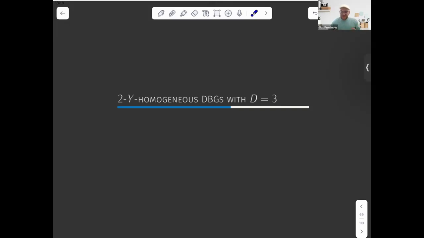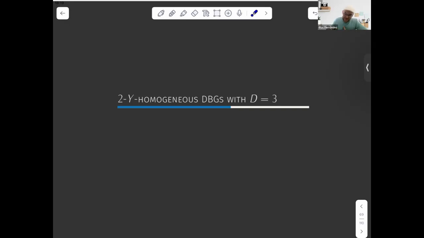In order to consider this 2-homogeneous distance-biregular graph, if we would like to classify, we can consider different scenarios: different values for the eccentricity d, different values for the valency b0 prime, or different values for certain other parameters.